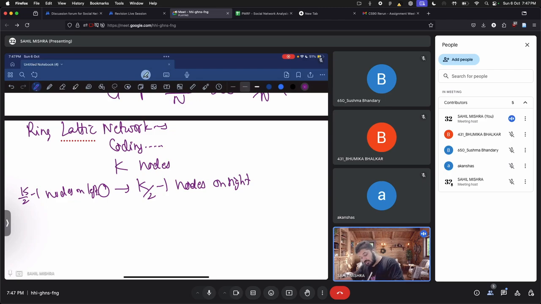Sorry, k by 2 minus 2 nodes, because one is included here, one is excluded here. So ultimately the formula for the local clustering coefficient comes to be 3k minus 2 by 4k minus 1. Easy to remember. 3 plus 2 is 5, 4 plus 1 is 5. Just remember it like this, so it's very easy to remember.